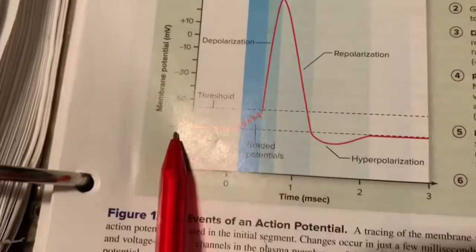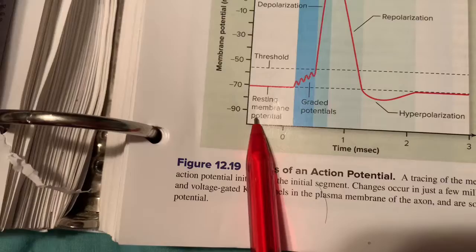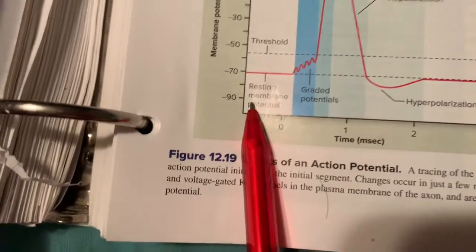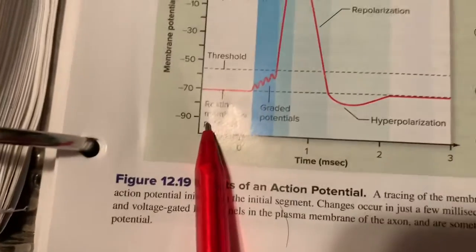Okay, so turn to page 467, and we're going to look at figure 12.19, showing the events of an action potential. To start, we have the cell at resting membrane potential of negative 70 millivolts here. Sorry for the glare. And then the cell becomes excited. The threshold is then reached.